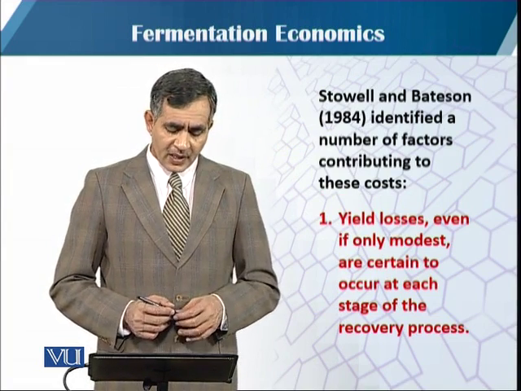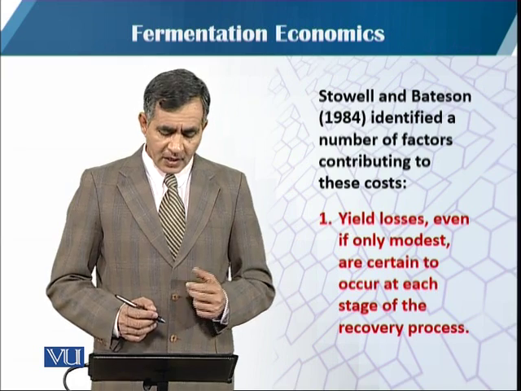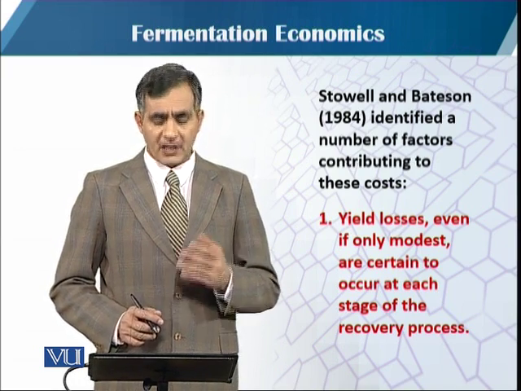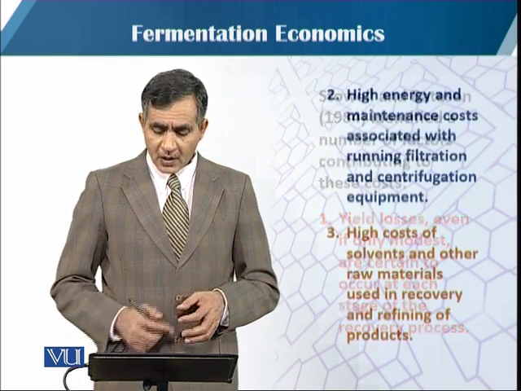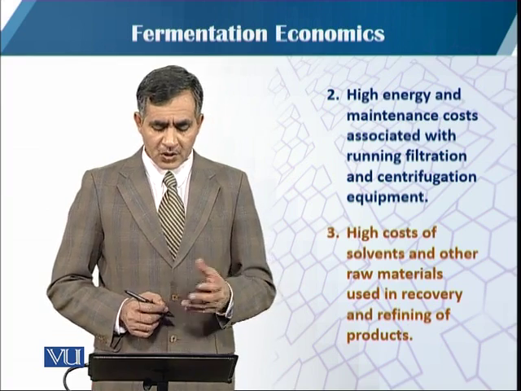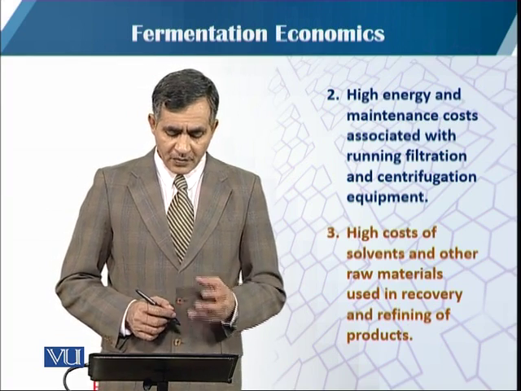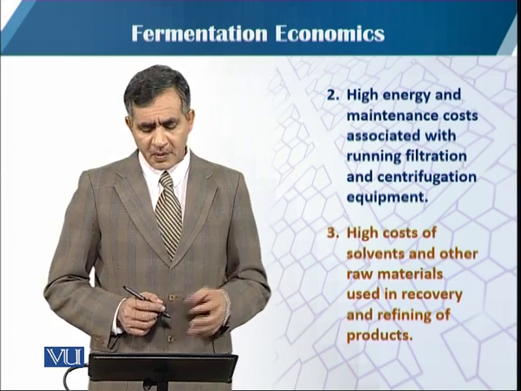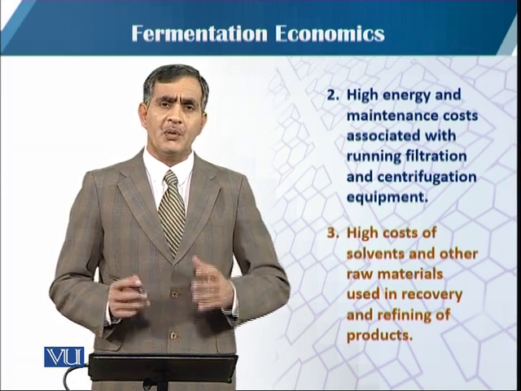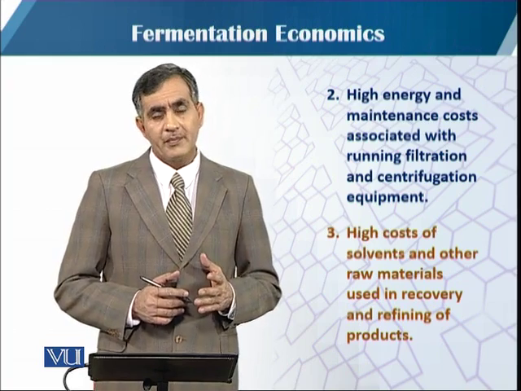One is yield losses, which, even if modest, are certain to occur at the stage of the recovery process. Another is the high energy and maintenance cost associated with running filtration and centrifugation equipment, and the high cost of the solvents and other raw materials used in the recovery process.